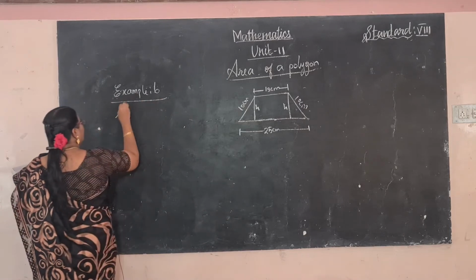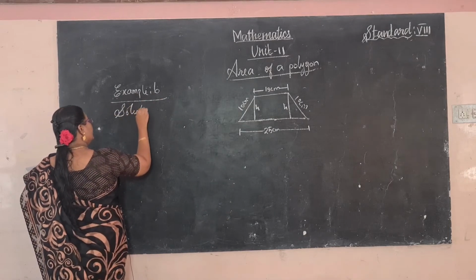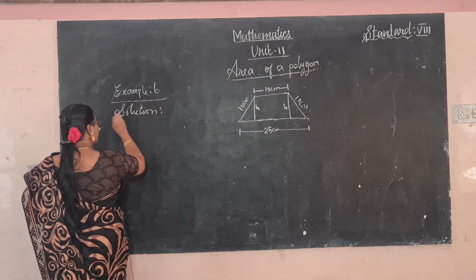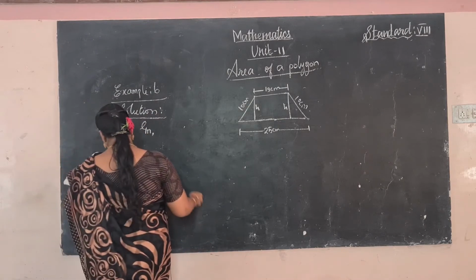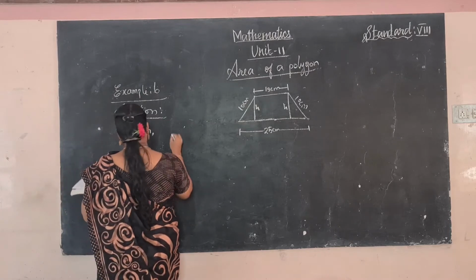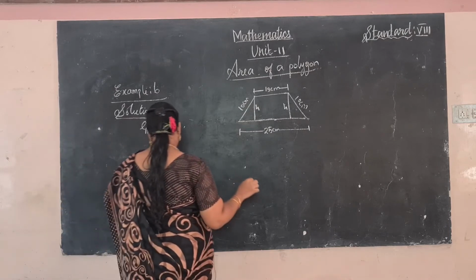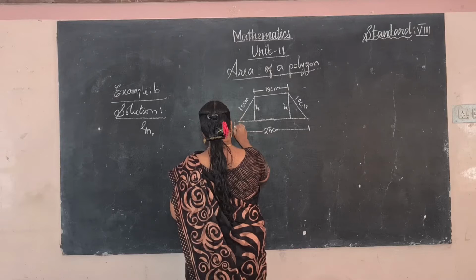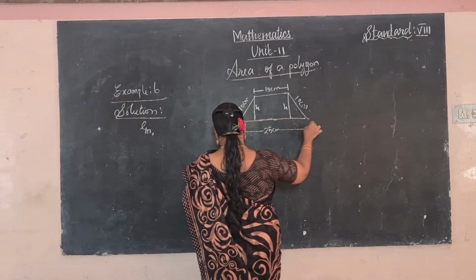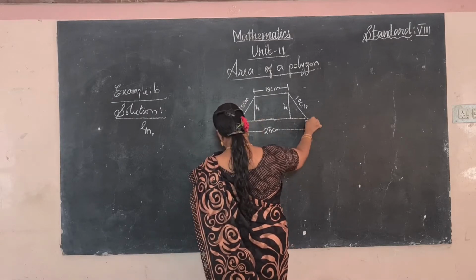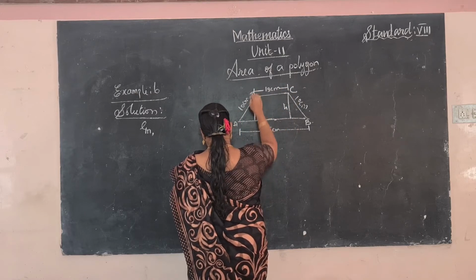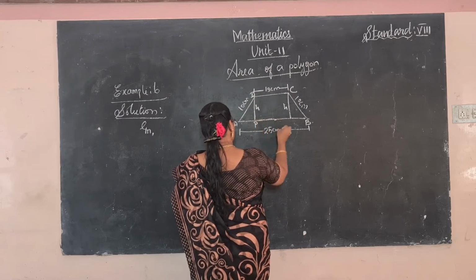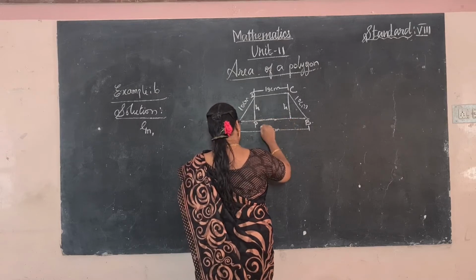So first write the given solution. Given. What data are given here? So here we consider A, B, C, this one is D. DP and PQ.